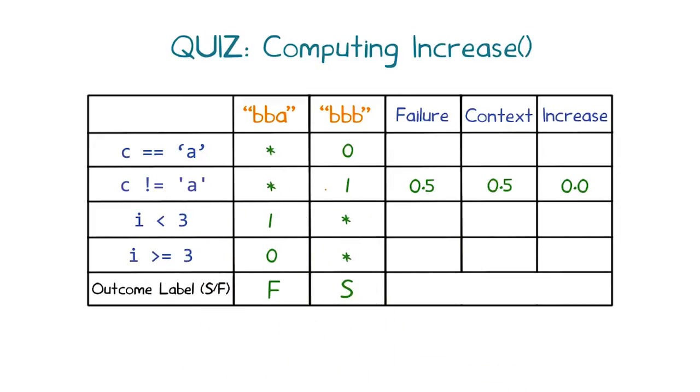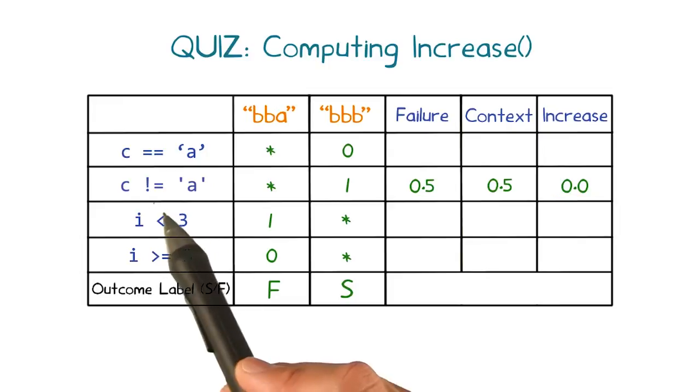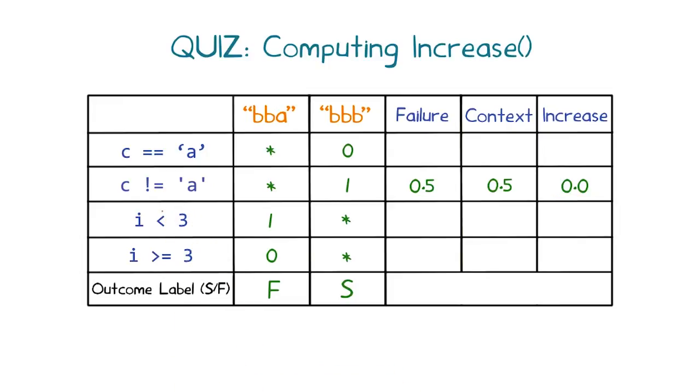Therefore, its failure score is half or 0.5. However, since there's one failing run in which it was observed and one successful run in which it was observed, the predicate's context score is also half. Therefore, its increase is 0, indicating that the truth of c not equals a does not have a significant effect on the failure rate of the program beyond its background probability of failure.